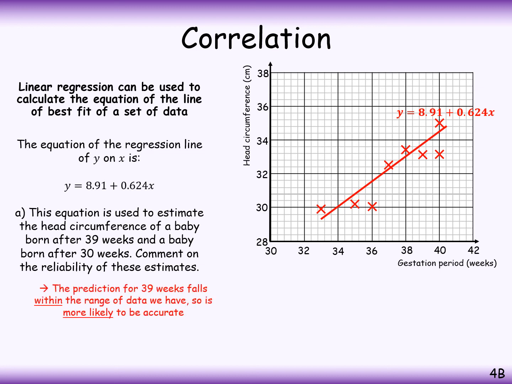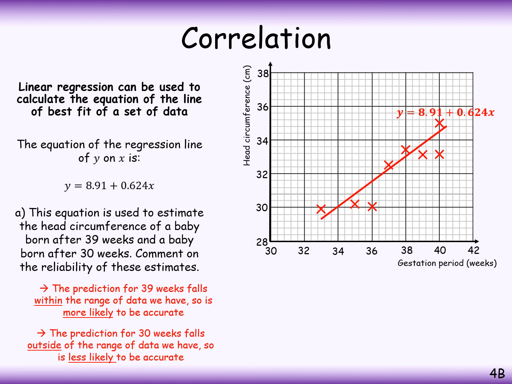Okay, so what you should have got for each one of these values: for the first one, because we're dealing with 39 weeks, we say this is interpolation because it's within the data set. And if it's interpolation, then we say these are reliable.